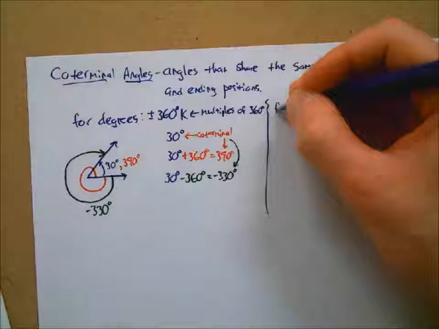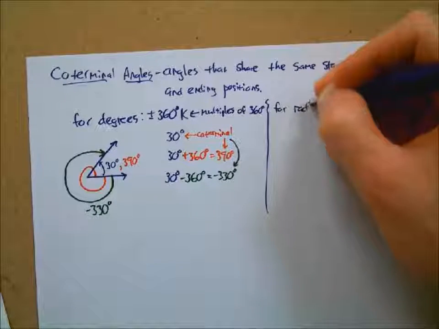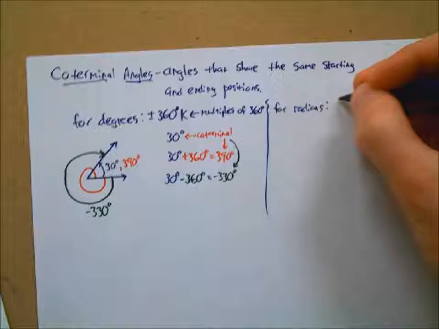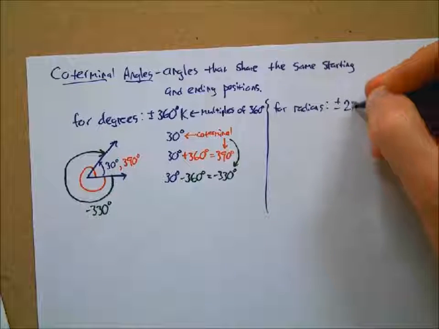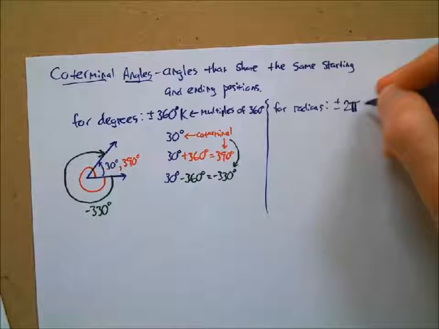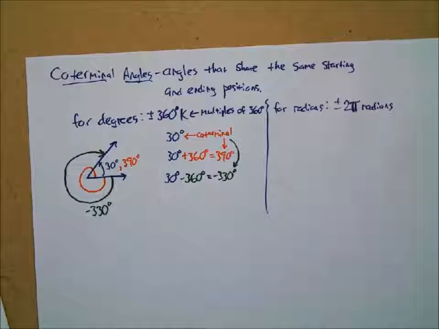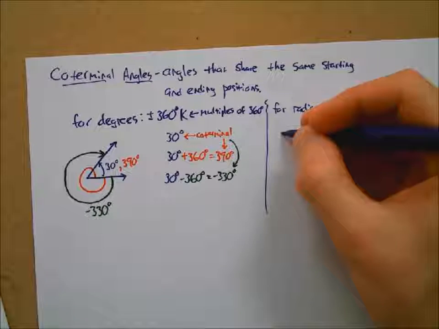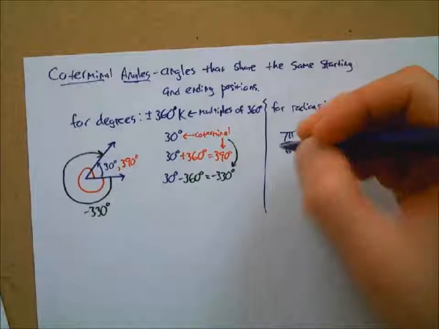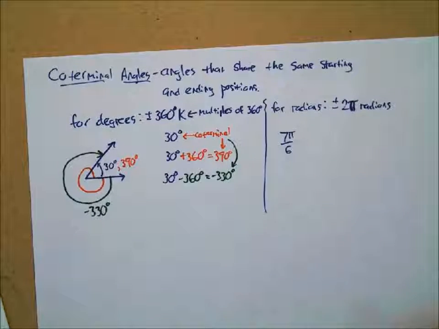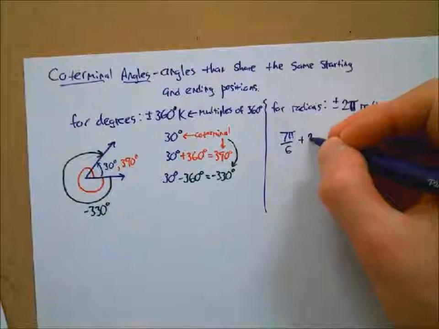So for radians, plus or minus 2 pi radians to your angles. So for something like 7 pi over 6, if we want a coterminal angle, we'll add 2 pi to that.